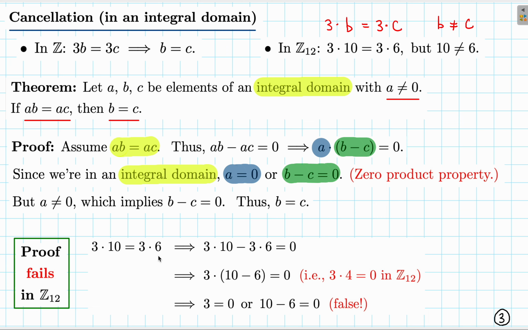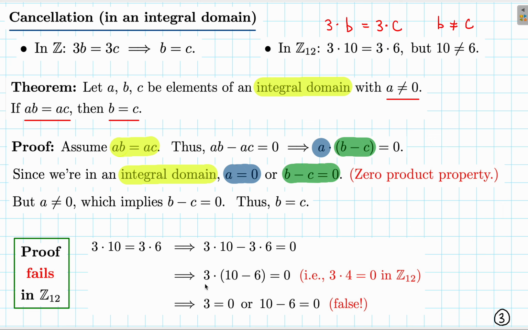We know they don't equal each other, so somewhere along the line, the argument must fail. And so let's see where that occurs. Well, the first step is subtracting 3 times 6 from both sides. So we get 3 times 10 minus 3 times 6 is 0. That's still valid. This is 30 minus 18, which is 12. And in Z12, 12 equals 0.